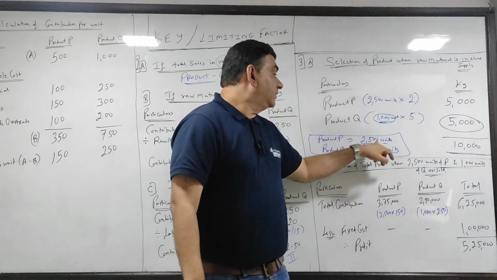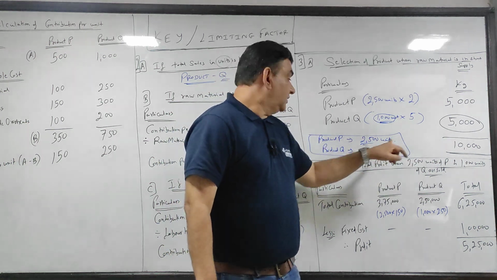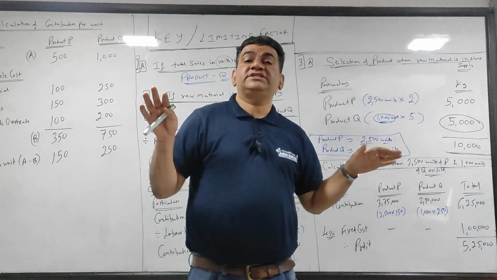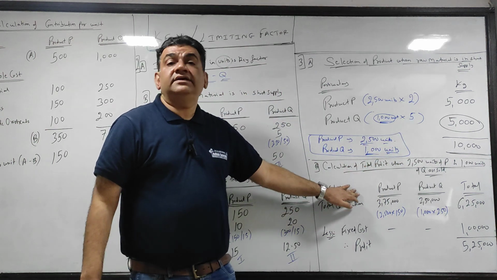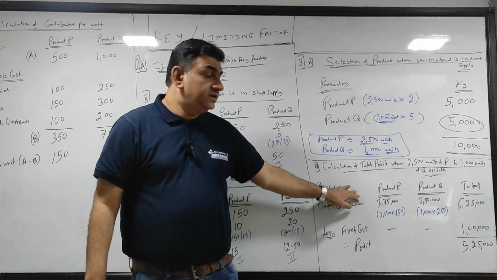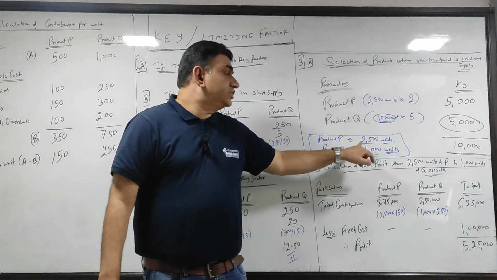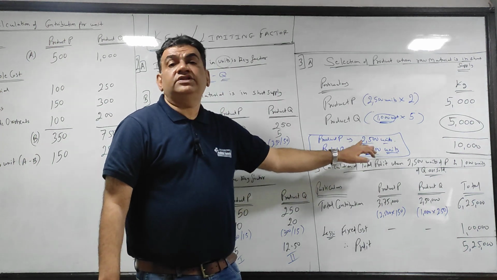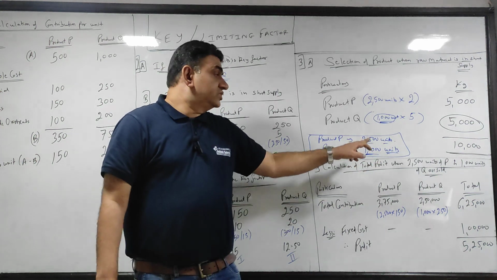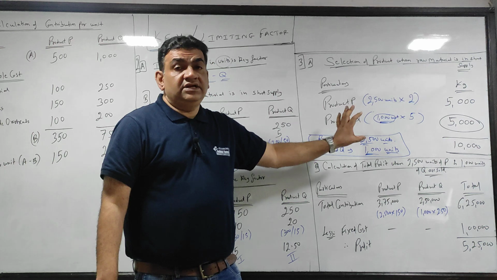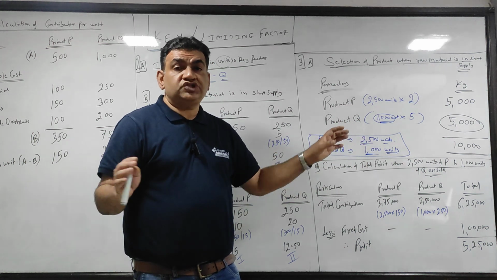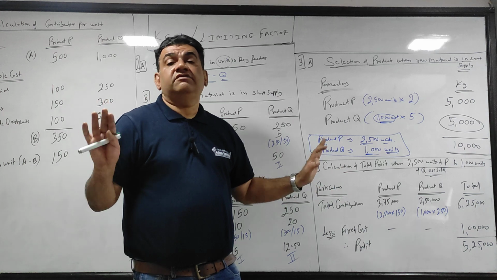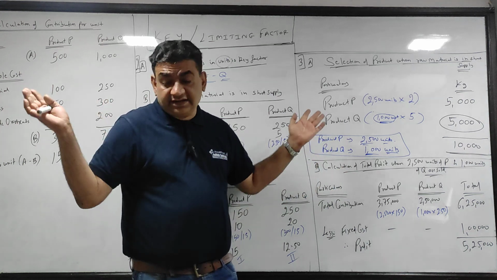So product P 2500 units and product Q 1000 units. This is the best mix where I can get the maximum amount of profit. So this is the best product mix, best combination when there is a key factor for raw material.